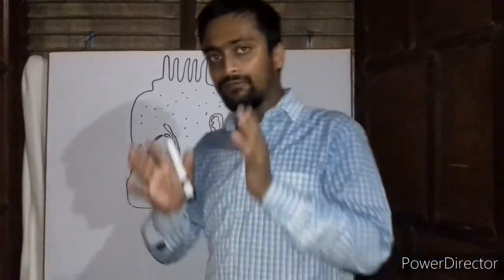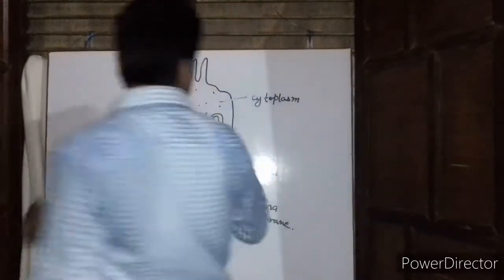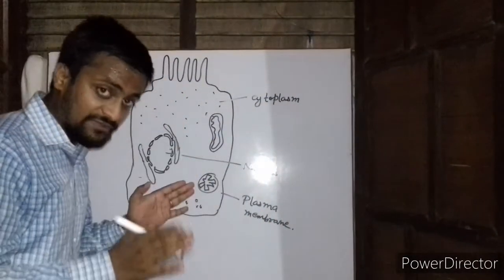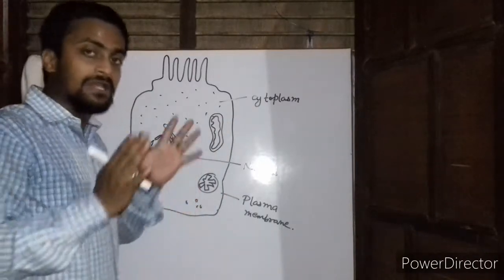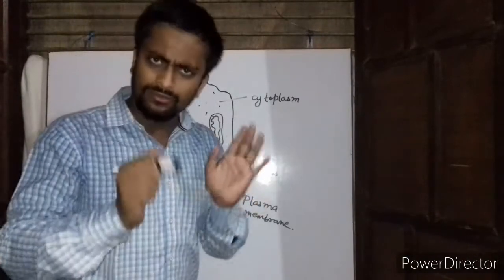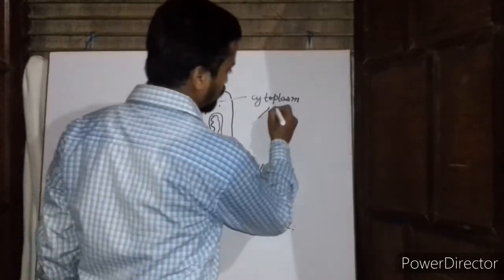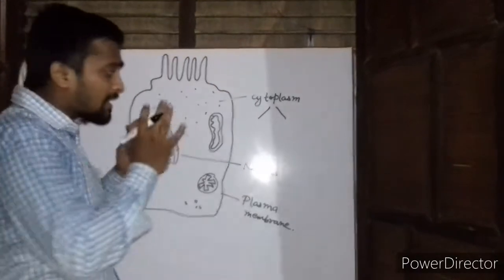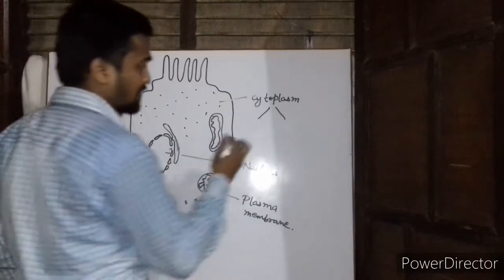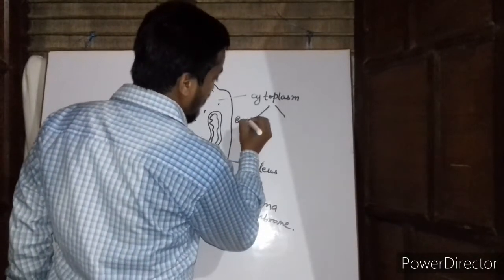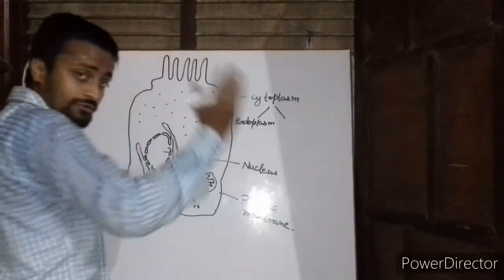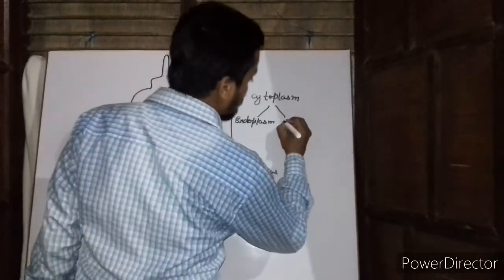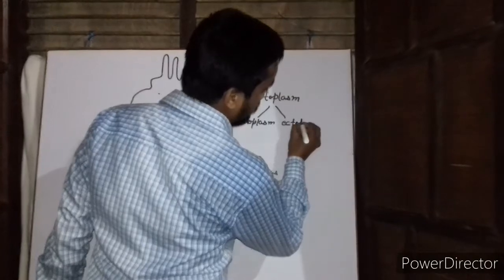Now we will be dealing with the third structure, called the cytoplasm. The part of the cell which is present between the plasma membrane and the nuclear envelope is called the cytoplasm. This cytoplasm is also of two types. The inner granular mass is called the endoplasm, while the outer clear fluid is called the ectoplasm.